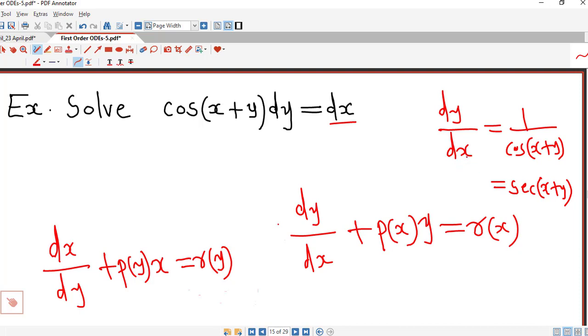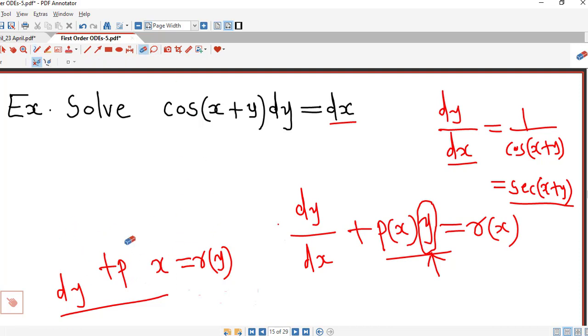Here it will never be possible to write this equation either in this form or in this form. Why? Because if we wish to write our equation in this form, then we must have first degree of y. Here we have y inside the sec function. Similarly, we are not able to write in this form also. So this is not a linear differential equation.